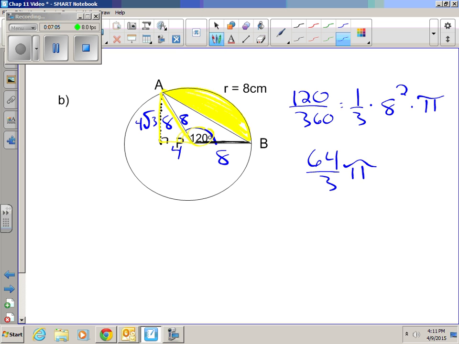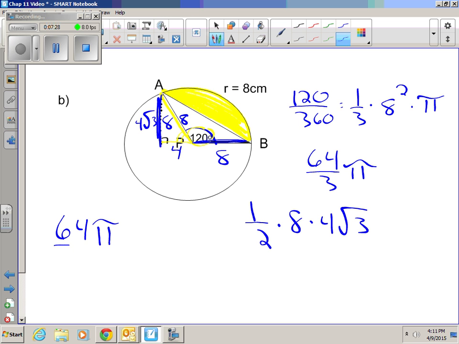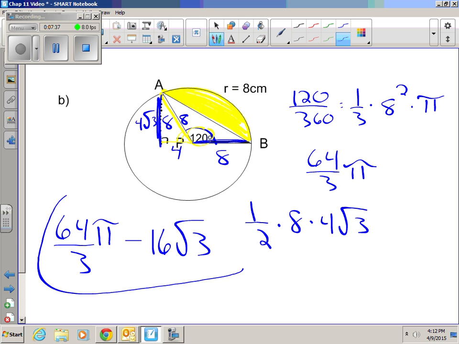So the area of my triangle is 1/2 times the base, which is 8, times my height, 4√3. Therefore, the area of my segment is going to be the area of the sector, 64 pi over 3, minus 1/2 of 8 is 4, times 4 is 16√3. Voila!